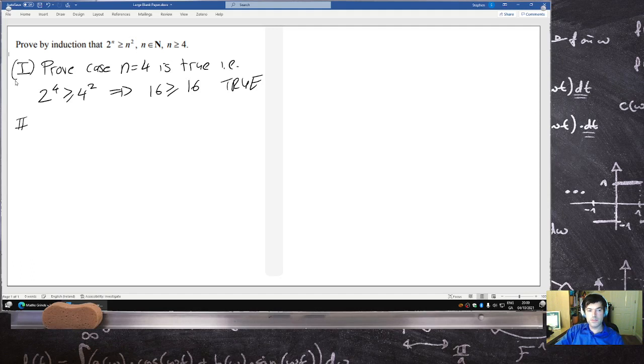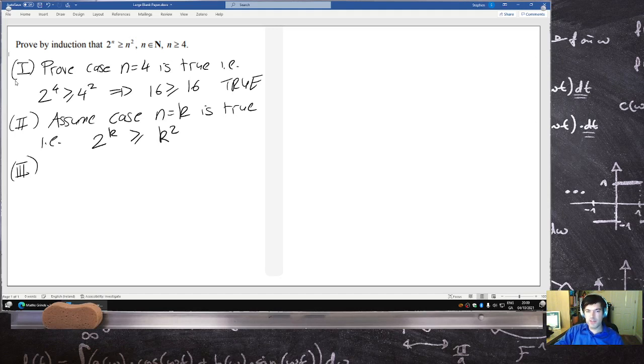Step 2, assume case n equals k is true, i.e. 2 power k is greater than or equal to k squared, where k is 4 or more.